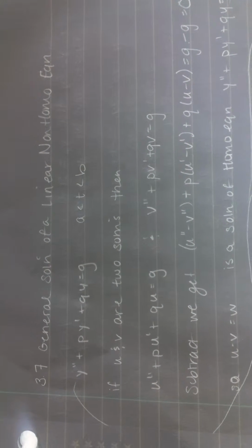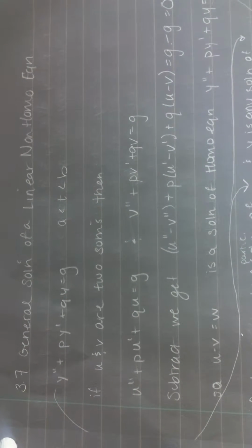And so what we say is if u and v are two solutions, then u double prime plus pu prime plus qu equals g must be true, and v double prime plus pv prime plus qv must equal g as well.